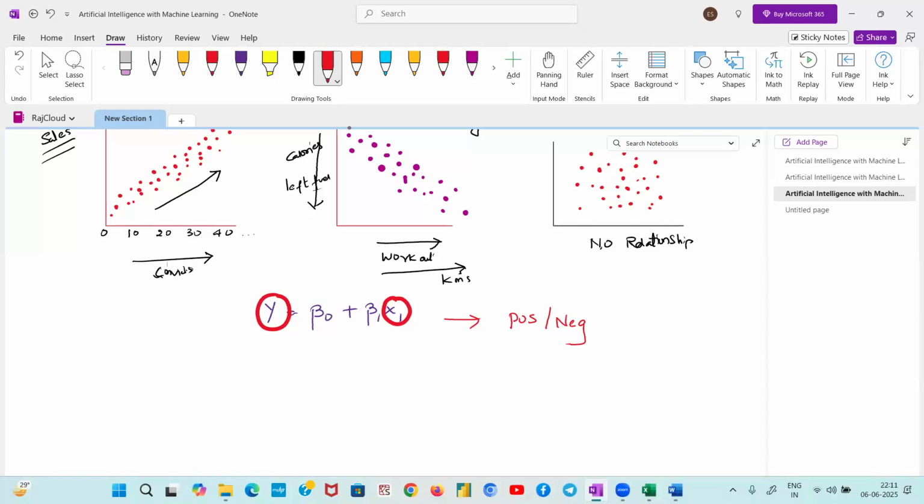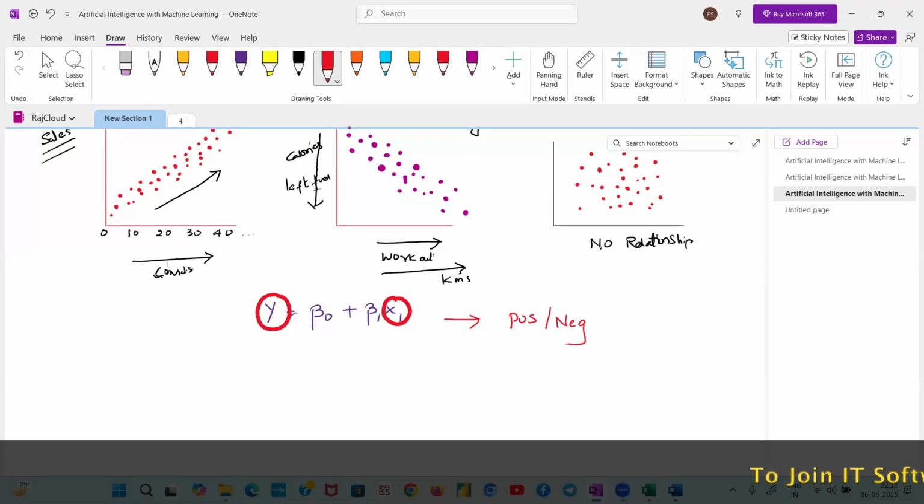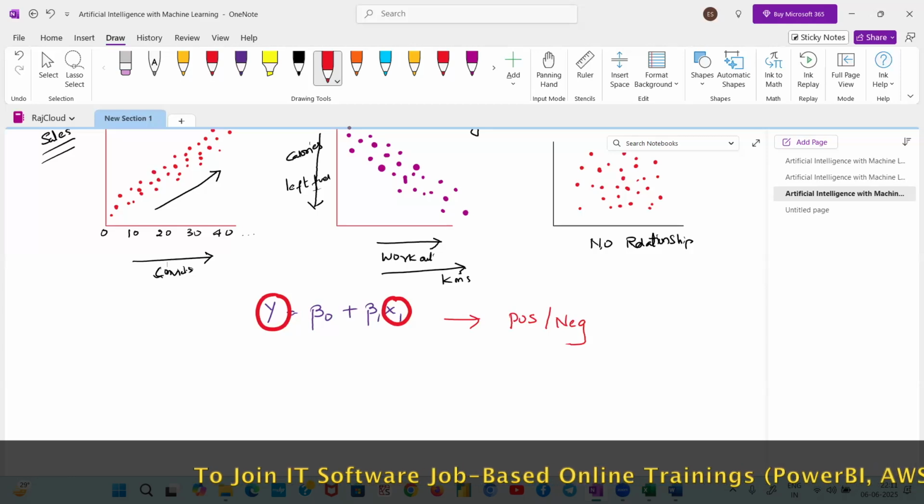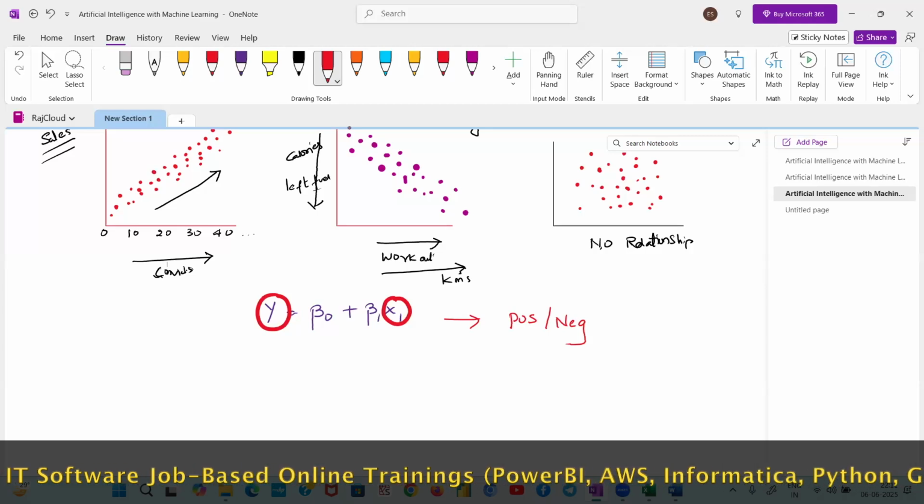Not every variable really helps us with model prediction. Let's say, as I told you at the beginning, tomorrow, will there be rainfall or not? What are your inputs? Your humidity, today's temperature, the climatic condition outside.